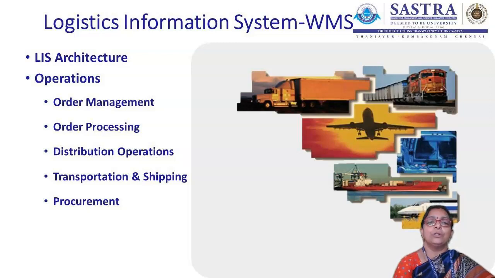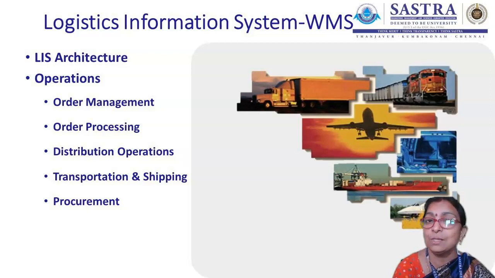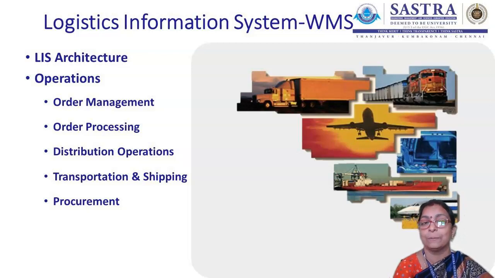So at the stage of conclusion, the logistics information system is acting as the backbone of modern logistics operations. That's the reason we are also keeping this as part of your Unit 1. In the past, the infrastructure has focused on initiating and controlling activities.